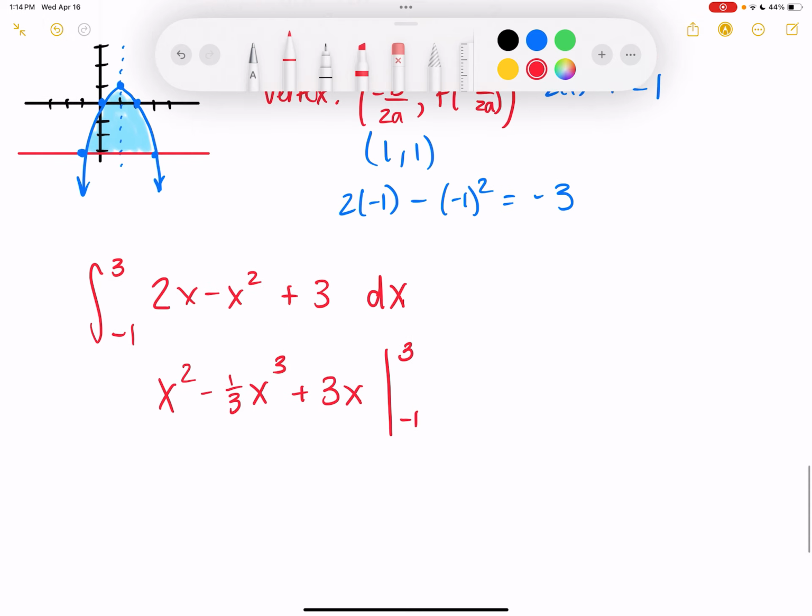So this is going to be 9 minus 9 plus 9, minus parentheses 1 plus 1/3 minus 3. 11 minus 1/3 is 10 2/3, which is 32/3.